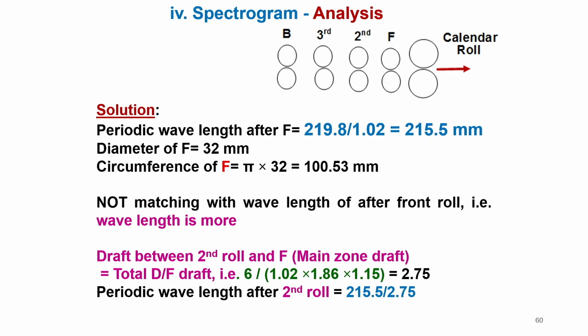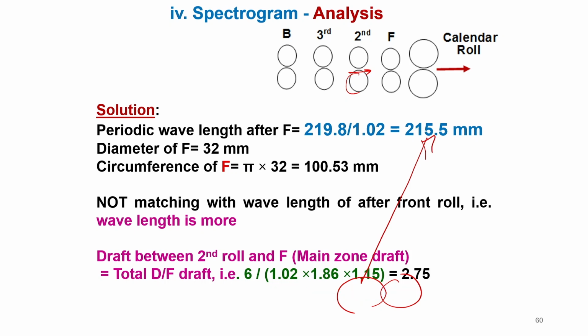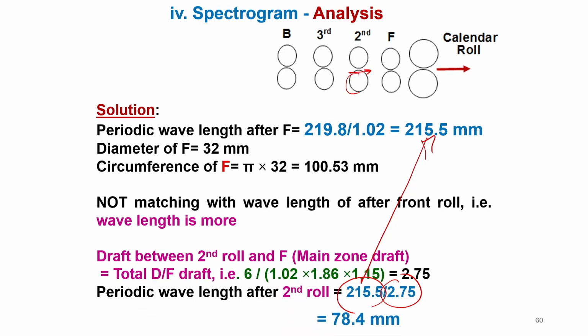The periodic wavelength after the second roller is 215.5 divided by 2.75, which is equal to 78.4. So, 78.4 is the wavelength generated at the second roller. Now, let us see the circumference of the second roller.